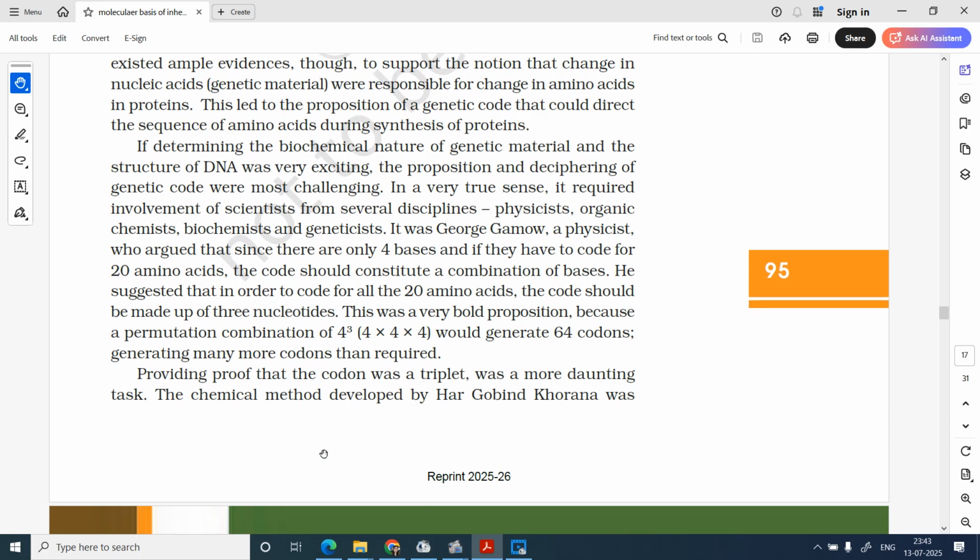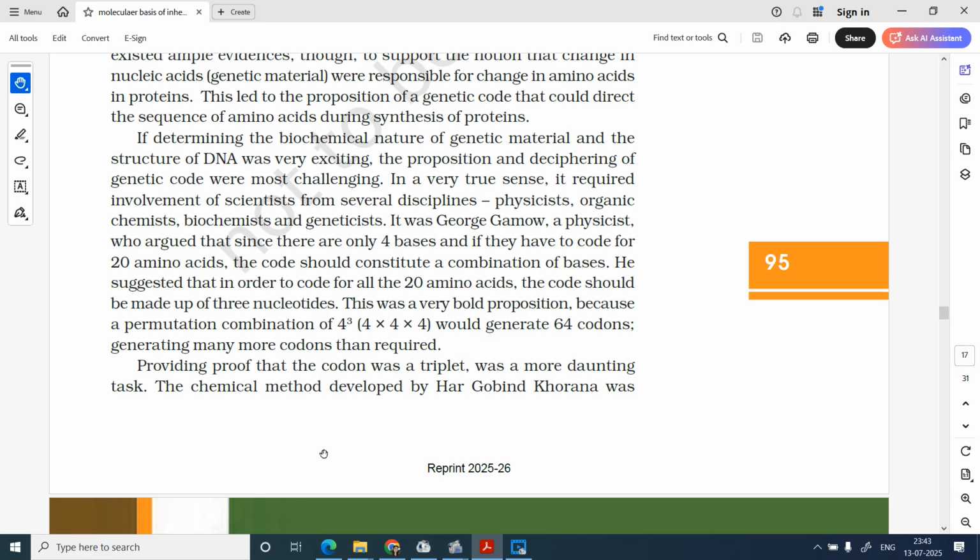He suggested that in order to code for all the 20 amino acids, the code should be made up of three nucleotides. This was a very bold proposition because a permutation combination of 4 to the power 3, 4 multiplied by 4 multiplied by 4, would generate 64 codons, generating many more codons than required.